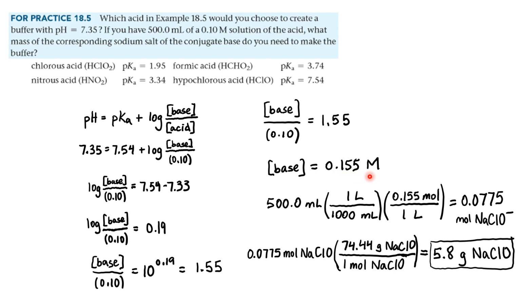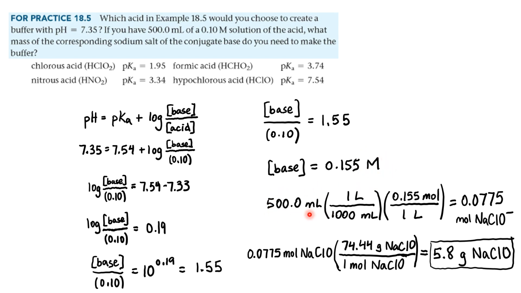So how do you go from molarity to mass, which is grams? Well, the first thing you can do is you can figure out how many moles of the conjugate base you have in 500 milliliters, right? Knowing that this is your concentration, you guys know how to go from volume to moles if you have molarity, and there it is.